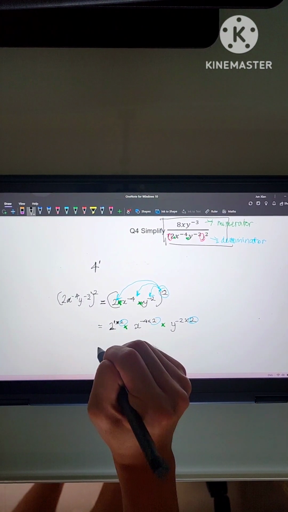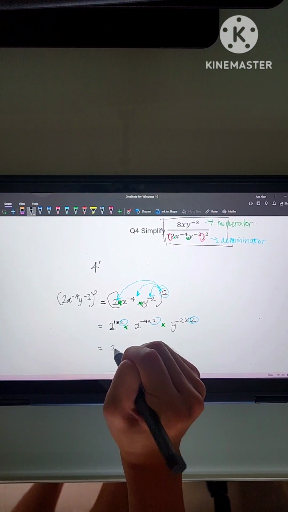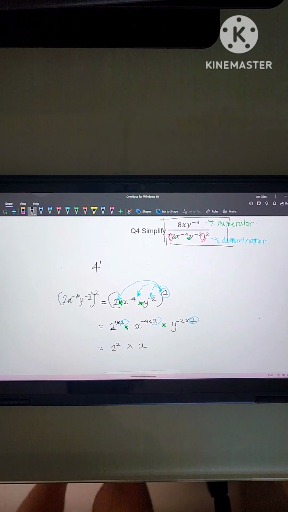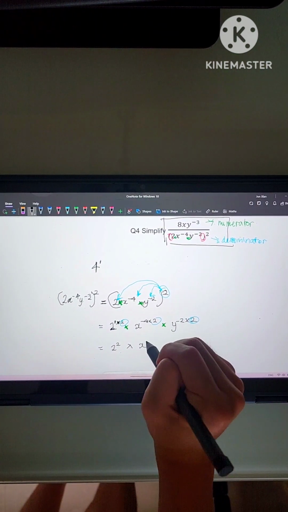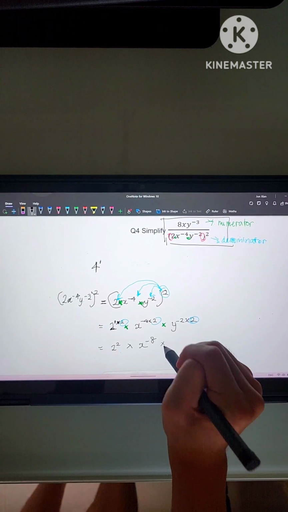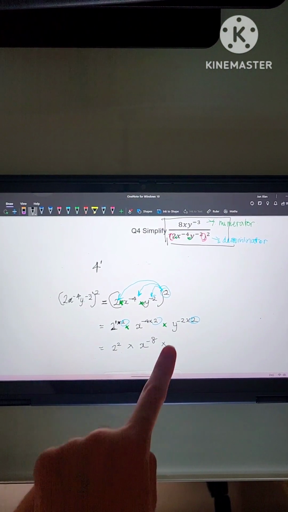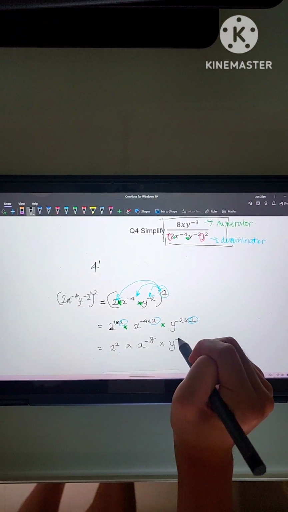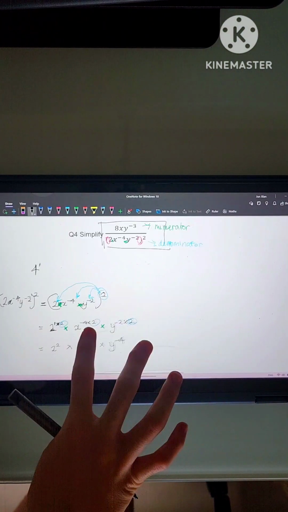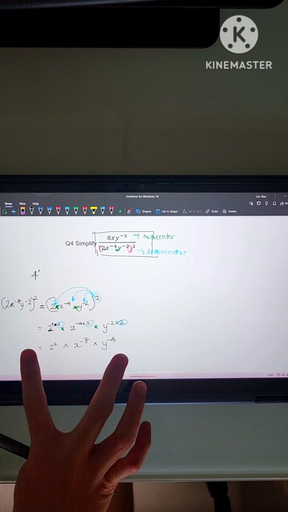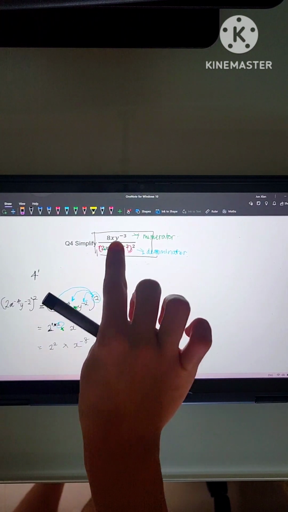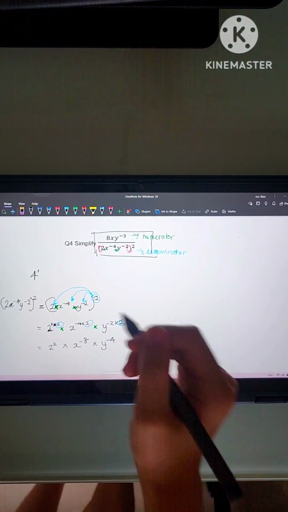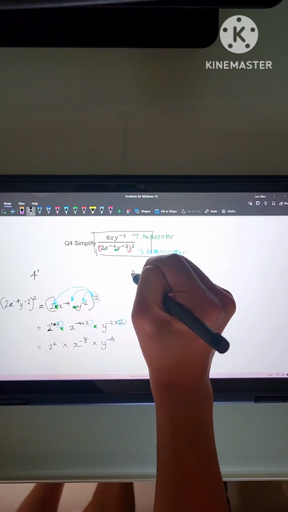How would it look now? 2 to the power of 2 times x to the power of -4 times 2, which is -8, times y to the power of -2 times 2, which is -4. So can we put this as the denominator and the numerator right now? Okay, so we rewrite it here.